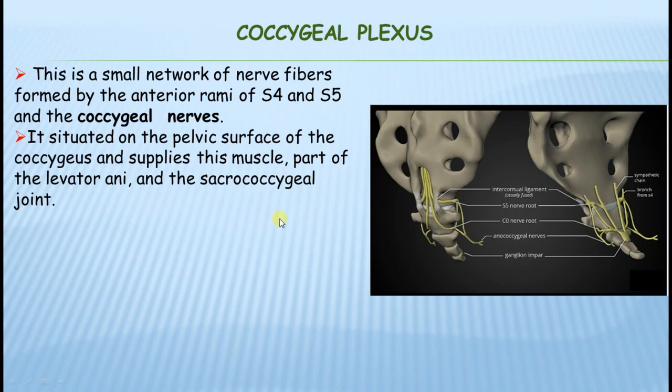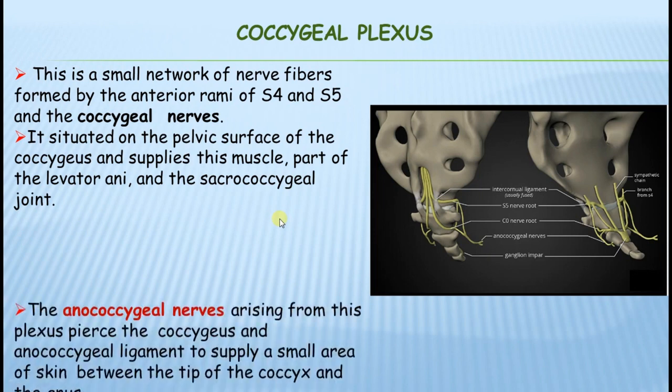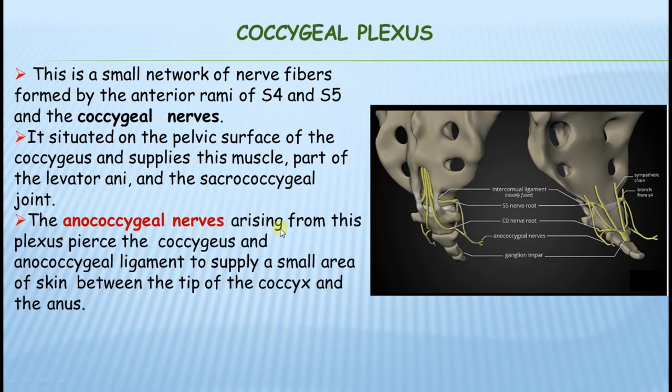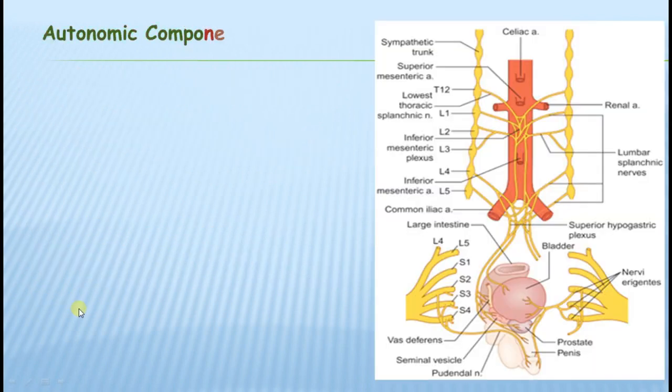It gives the anococcygeal nerve, which arises from the coccygeal plexus and supplies the skin close to the tip of the coccyx and also the anal region. So that is about the coccygeal plexus.